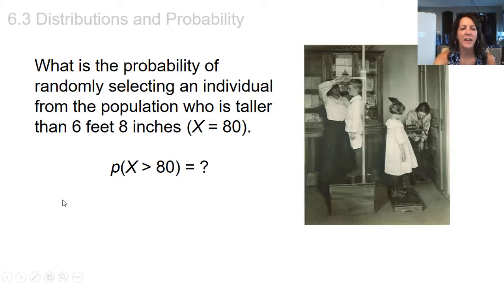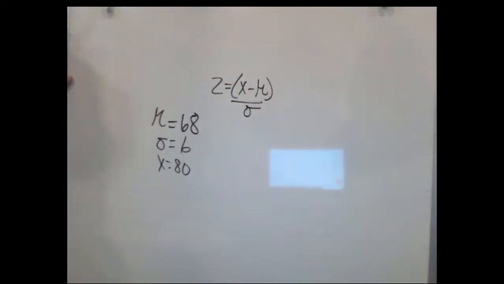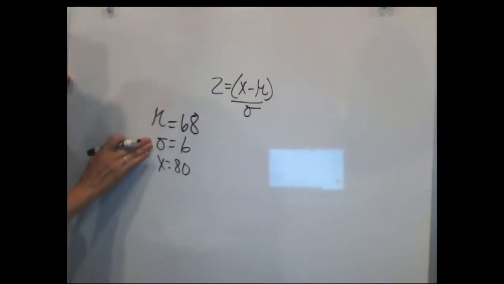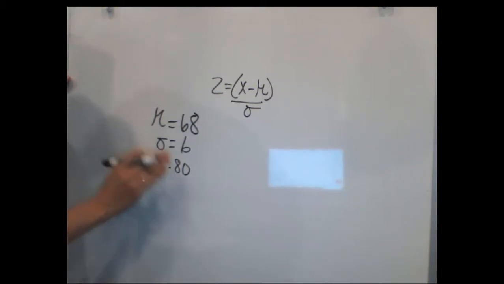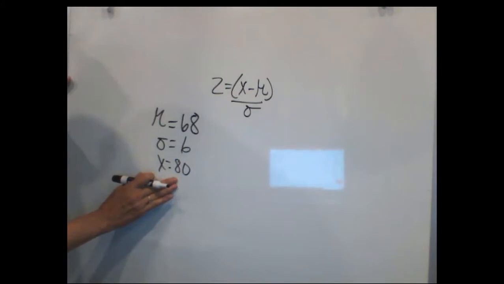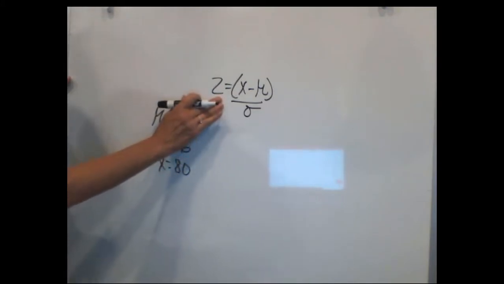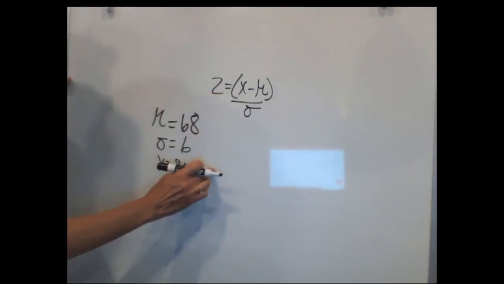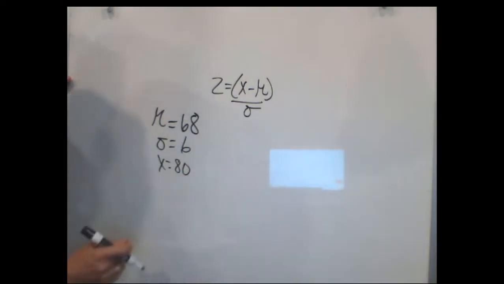So let's take a look at the notation. What is the probability of finding a score that is greater than 80? That is what we're going to use. We're going to use our information to figure this out. So we have a mean of 68 in the population and a standard deviation of 6. The height score I'm interested in is 80, and I need to find the z-score in order to figure out where it is in the distribution.